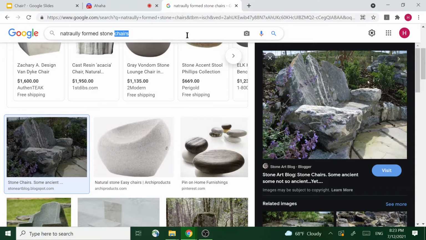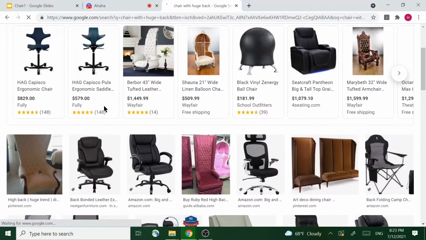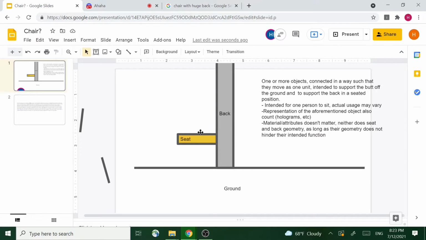You know how rich people have those chairs with huge backs, right? Yeah, they could just come in with that argument. I guess so. If I bolted a plank to the wall, it counts as a chair. Something doesn't feel right about that.